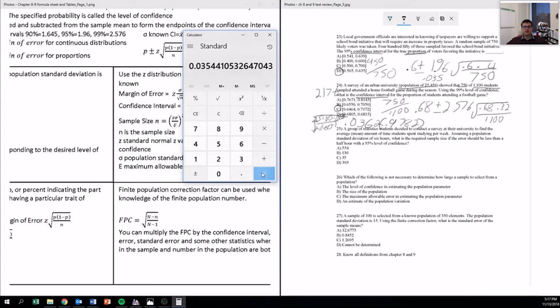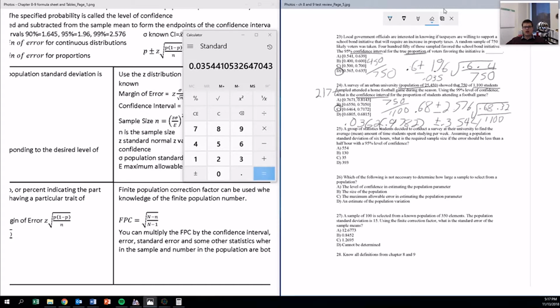Let me just erase some of the things here. Okay, so 0.0362 multiplied by 0.9782, which is the finite population correction factor, gives you 0.3544, and so you do 0.68 plus or minus 0.3544, and it gives you the answer of C.